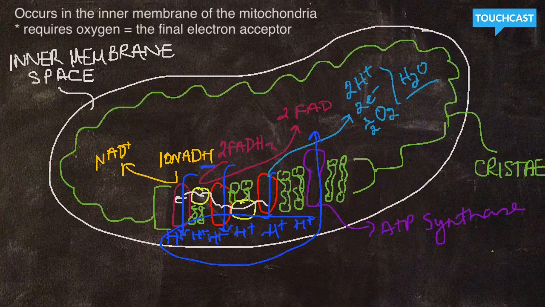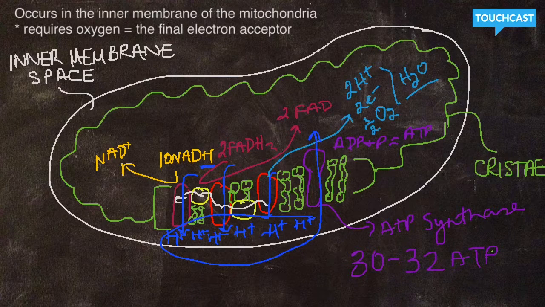And so what we're going to get here is our molecules of ADP plus P becoming ATP. And from this process, we're going to get about 30 to 32 molecules of ATP being produced.